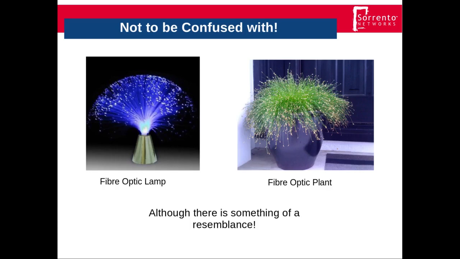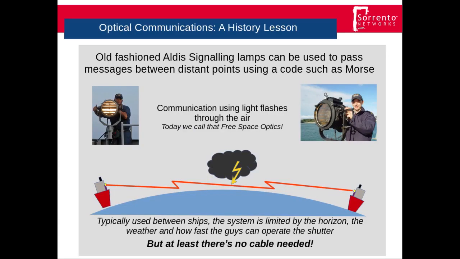So how is this useful for communications? Well, to go back a few generations, of course, optical communications has been in use for many years. The classic World War II Aldis lamp was used to flash Morse code between ships, having this Venetian blind shutter affair in the front to avoid having to turn the actual lamp on and off very, very quickly. In that way Morse could be transmitted between ships, and I believe that is still used even today in some cases.